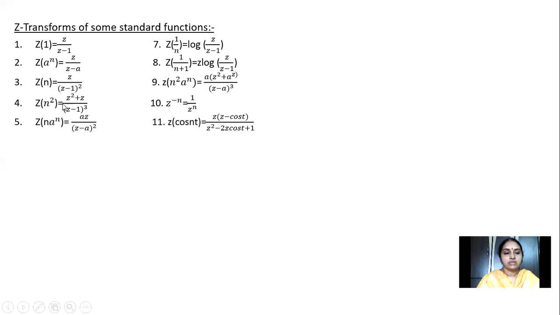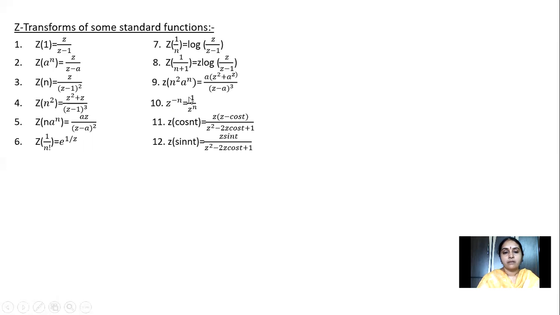Z of n into a power n equals a into z by (z minus a) whole square. Z of 1 by n factorial equals e power 1 by z. Z of 1 by n equals log of z by z minus 1. Z of 1 by n plus 1 equals z into log of z by z minus 1. Z of n square into a power n equals a into z square plus a square by (z minus a) whole cube.